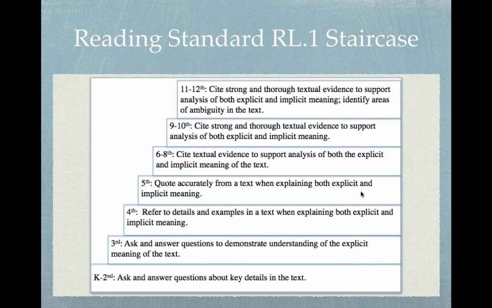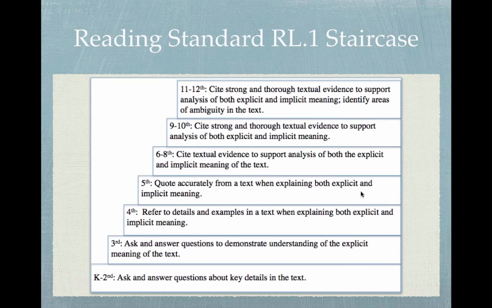And the way that the standards are broken up is they act like a staircase where each grade really feeds into the next in terms of the skills. So if you just looked at the first reading literature standard, by kindergarten through second grade, students are simply asking and answering questions about key details in a text that they've either heard, if they are not reading yet, or a text that they have read.